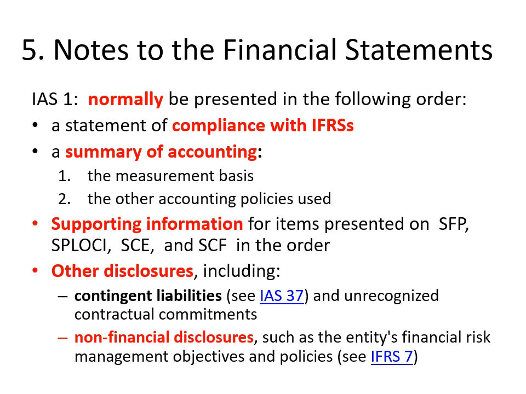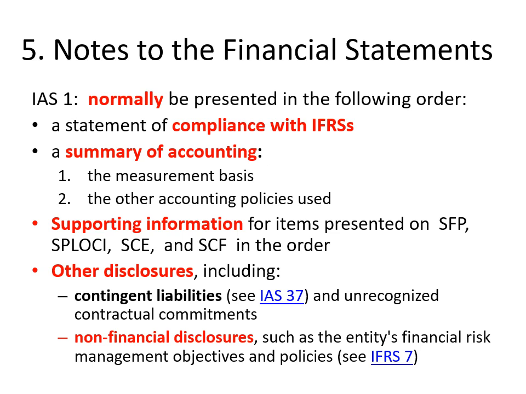And then we also provide information about supporting items, especially those items presented in statement of financial position, statement of profit or loss and other comprehensive income, statement of changes in equity, and statement of cash flow in that order.